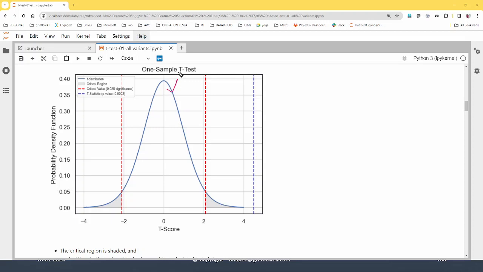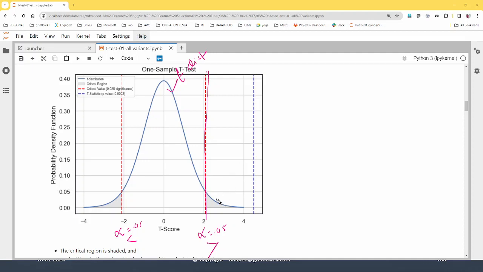So this is your t-distribution, and this is my critical value at alpha equal to 0.05 on both sides. Here alpha is 0.05 on the lower side, and this is on the higher side.